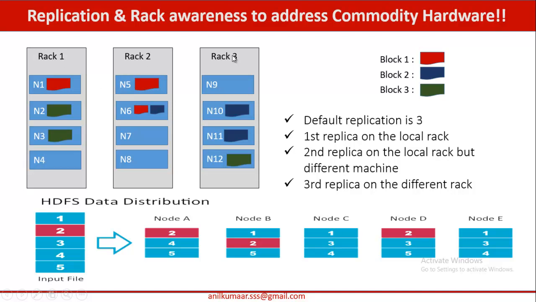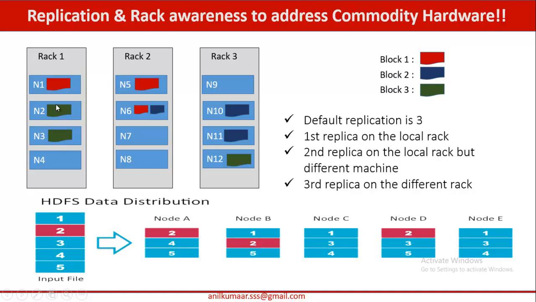The moment we copy the data, how does the data have to be distributed? For example, this is your input file, and each block is 64 MB, the way the initial split has happened. Once the initial split has happened, it has to be distributed to multiple machines like node A, node B, for example node C. So how do we distribute the replicas here?